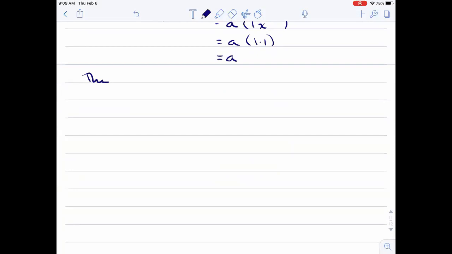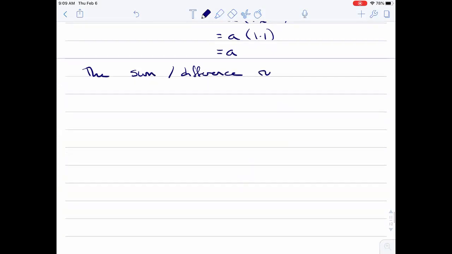We can extend this a little bit, right? If we're adding functions, then essentially we've got a series of constants in front. And so the sum slash difference rule, because they behave the same, if we're adding or subtracting, it doesn't matter.